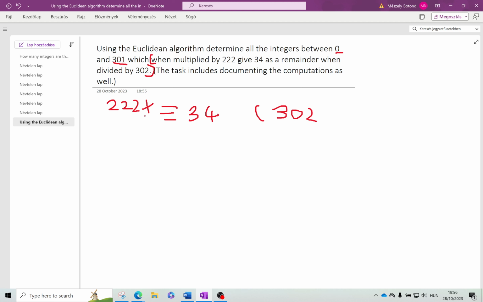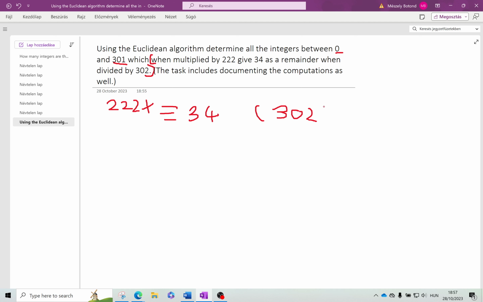So the task includes documenting the computation as well. So it's not just that you calculate it somehow and then write down the answer. You need to write down every single step of the algorithm.